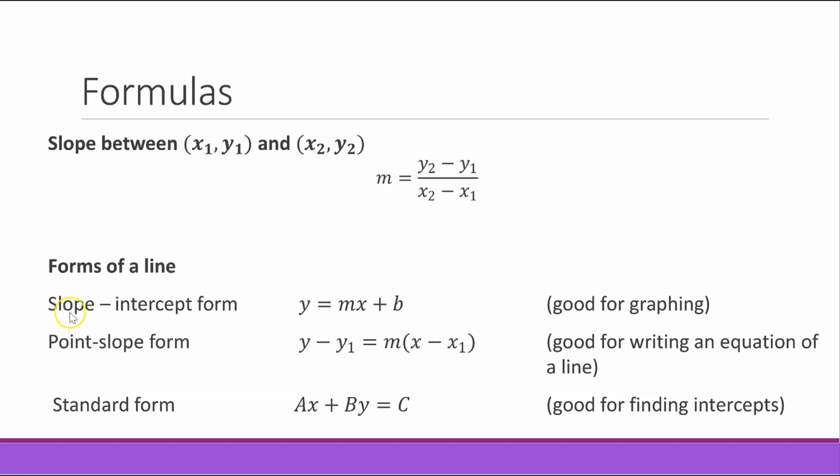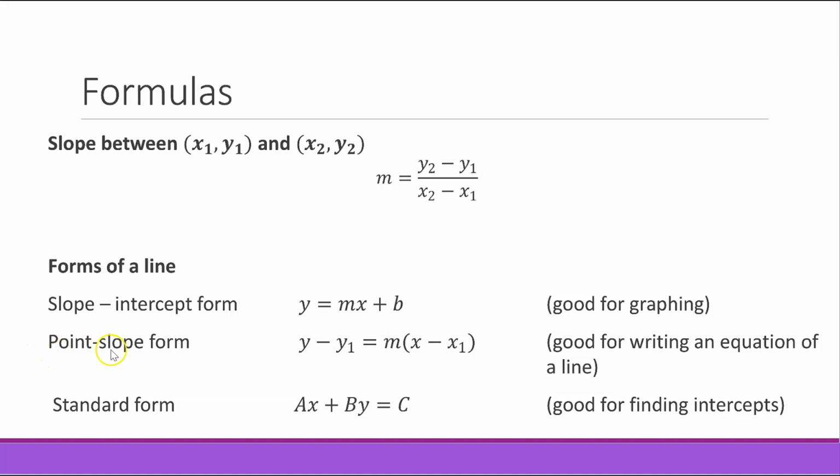We just reviewed slope-intercept form, which is y equals mx plus b. And typically that is known for being good for graphing. So we can easily identify the y-intercept (0, b) and apply the slope m to get a second point on the line.